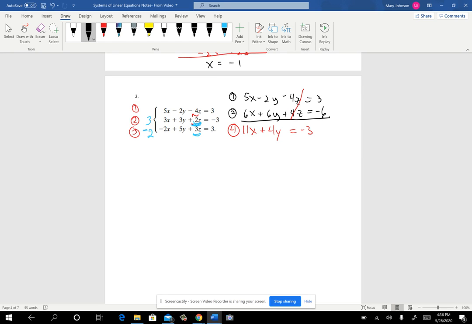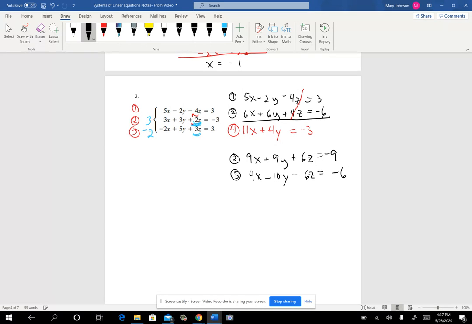So then when I work through equation 2 this time, my new equation 2 would be 9x plus 9y plus 6z equals -9. And then my new equation 3 is a +4x, because -2 times -2 is +4x, minus 10y minus 6z. That's what I wanted to have happen, right?